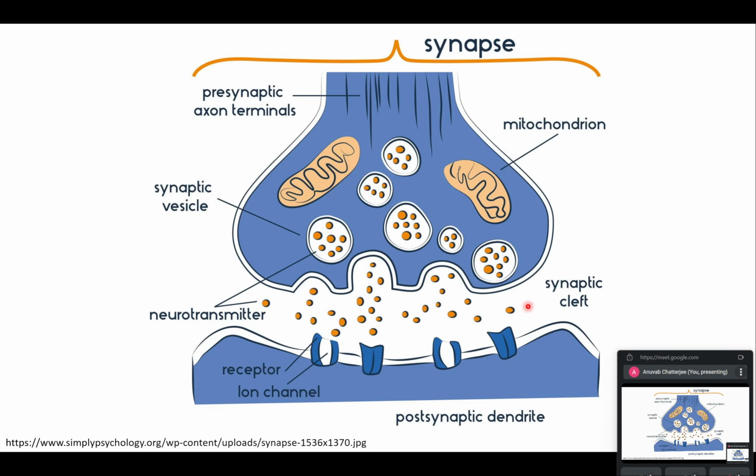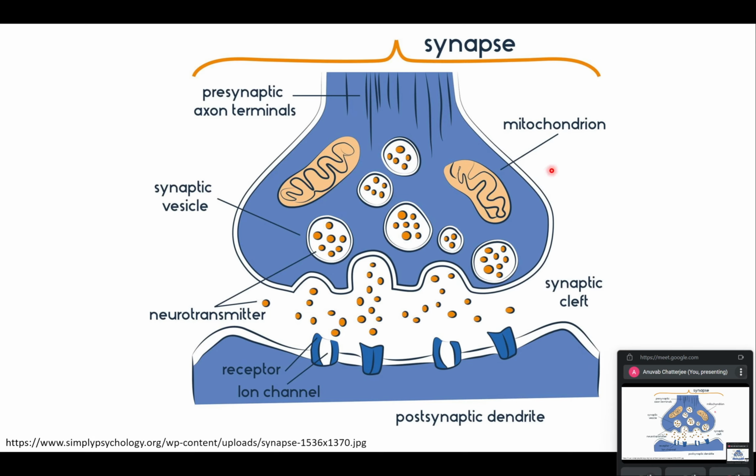Once the electric signal reaches this end, it causes the various vesicles present at the end of the axons to fuse to the membrane and release all of their cargo. What are these vesicles?